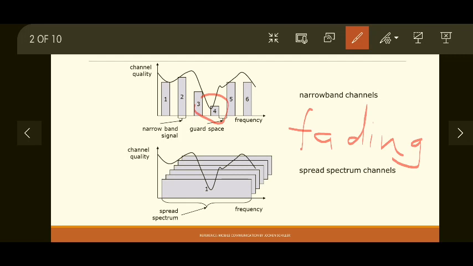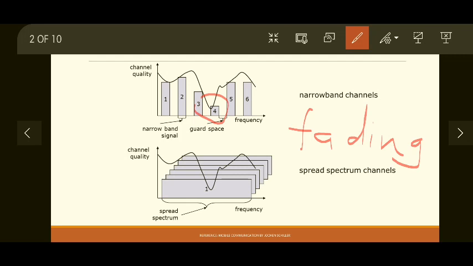Right now it has certain power levels, but if fading continues, then it may suffer complete attenuation. Now this is called frequency selective fading. It is called frequency selective because only channel number 4 and its associated frequencies will get attenuated.